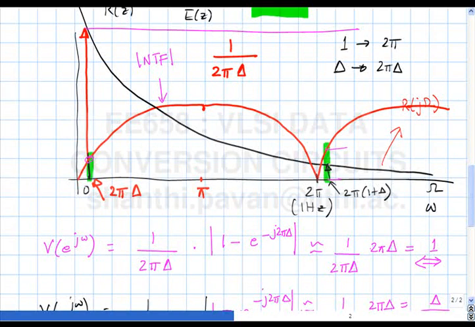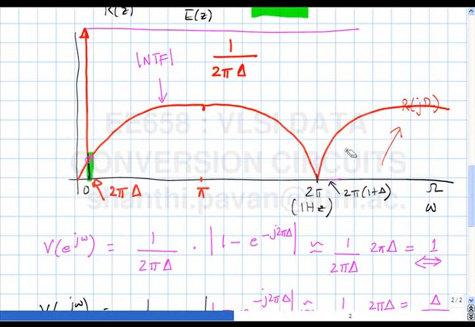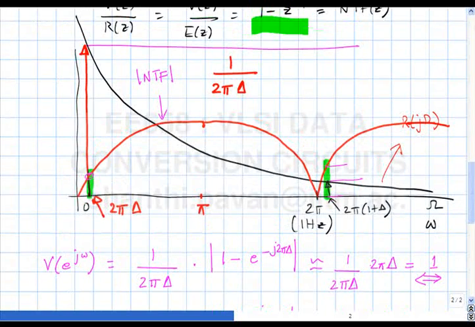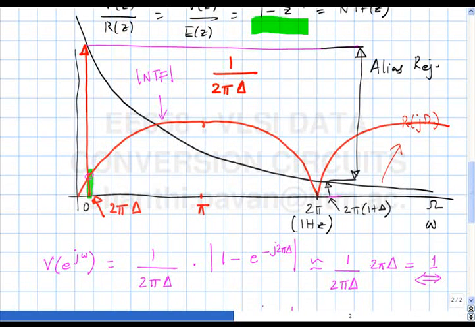So the alias rejection is basically... does it make sense?